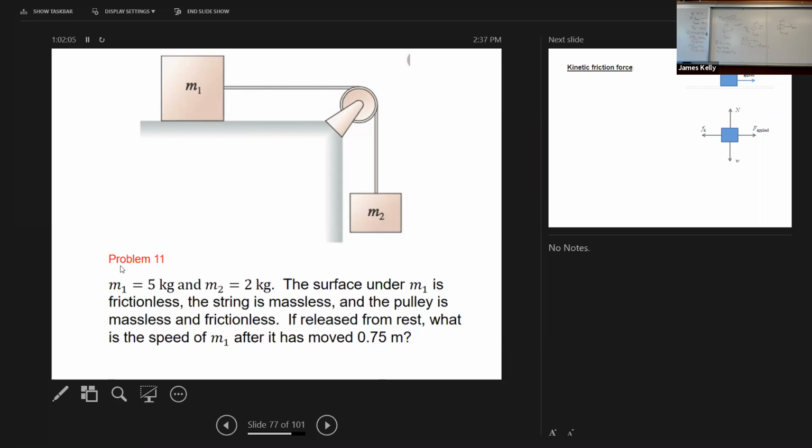I'll give you a couple minutes to do the free body diagram for this one. Consistent axis directions means, for example, if I take plus x to the right for this one, I better take plus x down for this one. That's what a consistent axis direction is going to mean here.